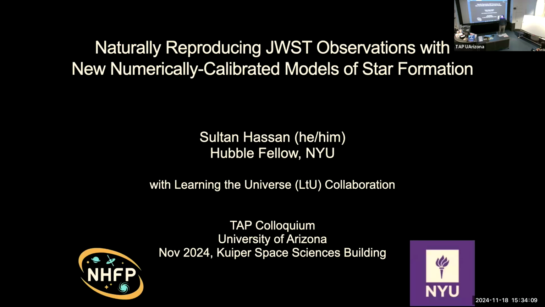So we brought him back to the Southwest since New Mexico time, and then he moved to New York, where he was a Flatiron Research Fellow at CCA, and we were sharing an office, and then he moved to the Hubble Fellowship at NYU. And Sultan is really an expert in cosmology, reionization, and using machine learning techniques to study those kinds of problems, and he will tell us more about that.